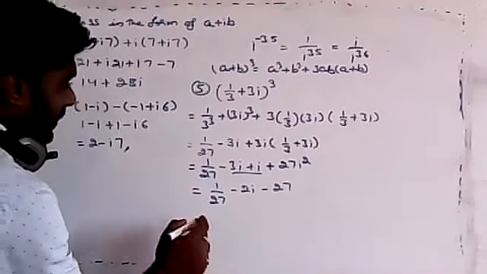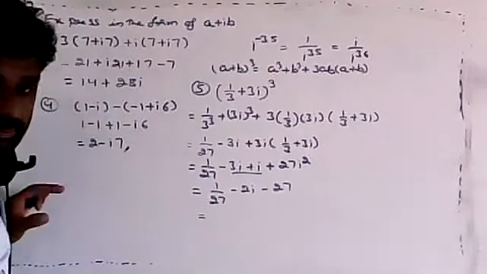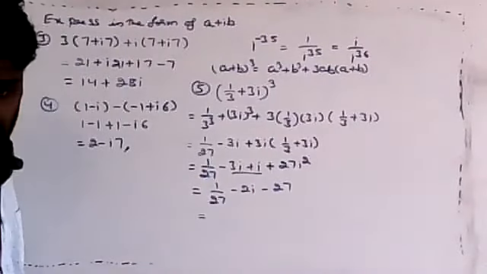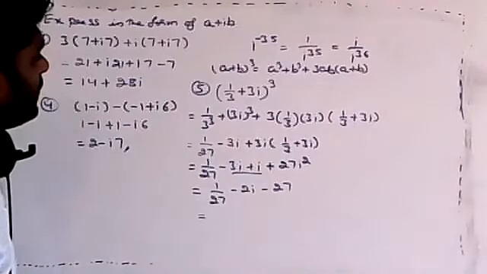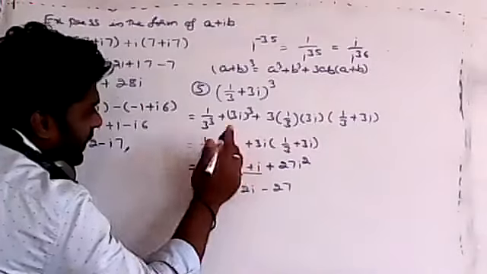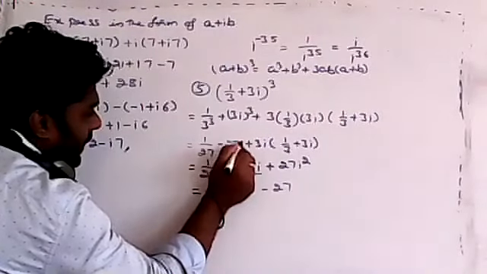Yes, Anirudh, I'll check that one. So what do we get here? Just check the answer. Is it correct? Yeah, 3i whole cube, yes, right. 3i whole cube means we'll get 27i.